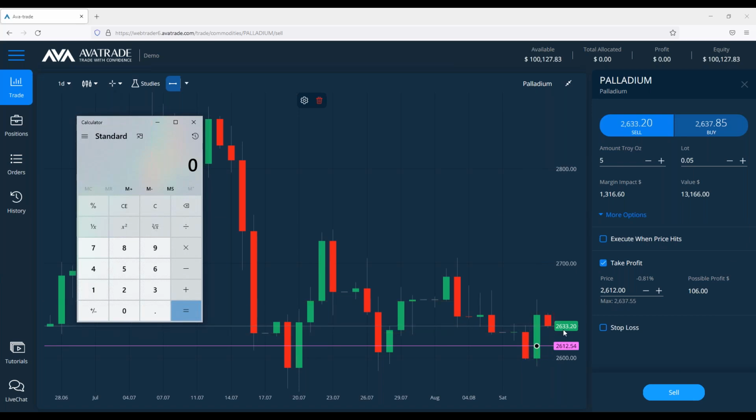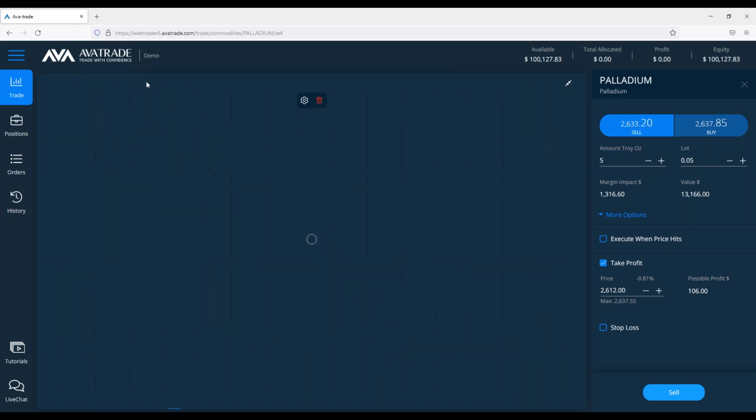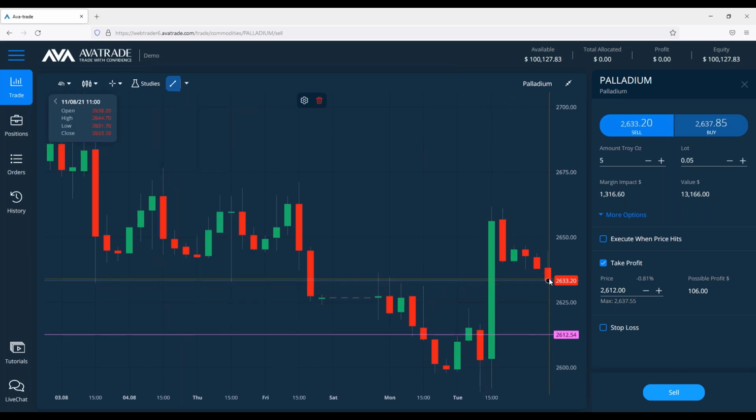Now, as you can see, there is 26.33 and there is 26.12, which we are aiming to get to. Let's suppose we are aiming for, obviously, a sell, as you can see here. And then we'll put a nice line that will remind us what kind of movement we are looking for, which is from here to here.